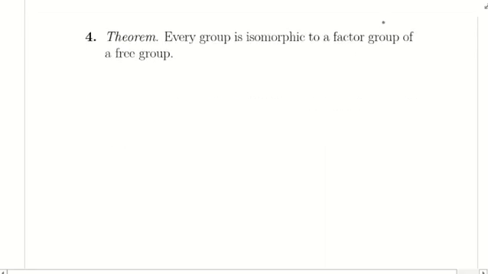Now, here's a theorem that really comes from another theorem. This is really a corollary to a theorem in your textbook called the universal mapping property. But essentially, this says that we can write every group as a factor group of some free group.